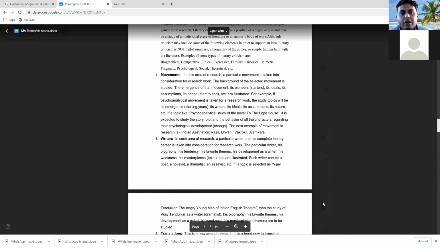Background here means the Victorian age, Elizabethan age, postmodernism age, modernism age, right? Like that. So the emergence of that movement, when that movement came into the light, its pioneers, meaning starters, its ideals, its assumptions, its ground, right? Then its period, from starting to the end, are illustrated and studied.